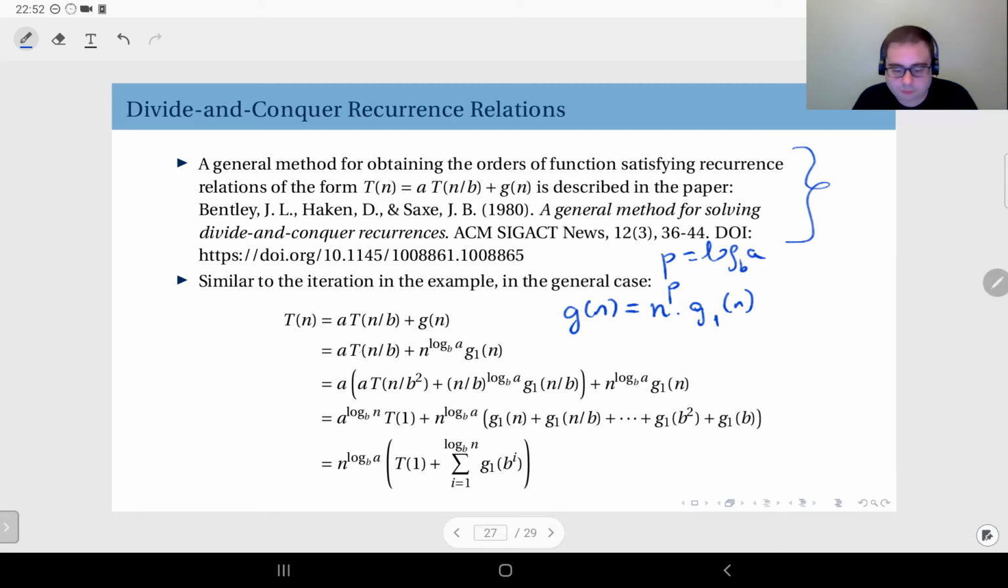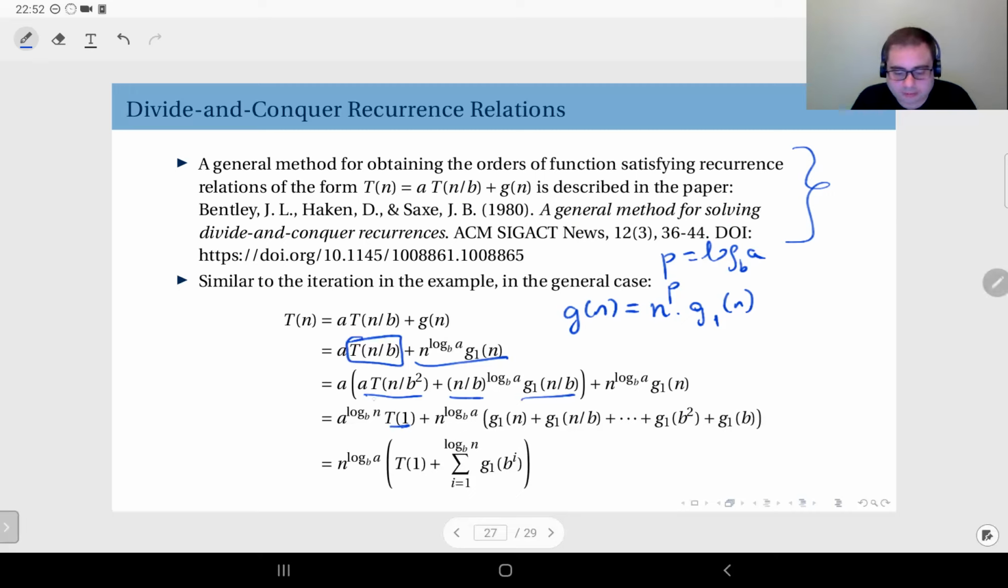And therefore, you do the same thing, just write T(n/b) using the definition: a times T(n/b^2) plus (n/b) to the power log_b(a) times g1(n/b). Again, if you continue this iterative procedure until you reach T(1), we are going to assume n is a power of b without loss of generality.